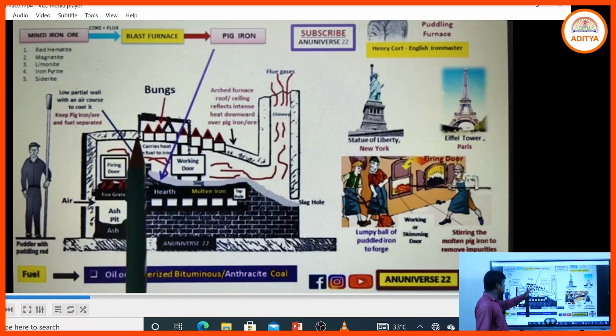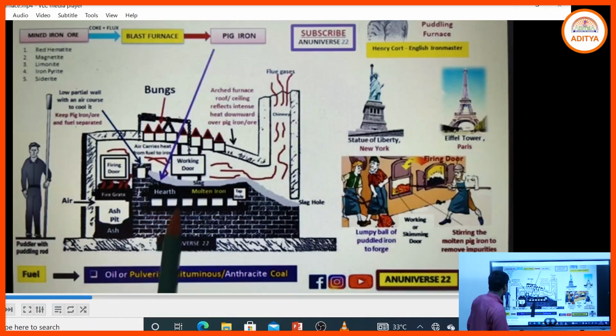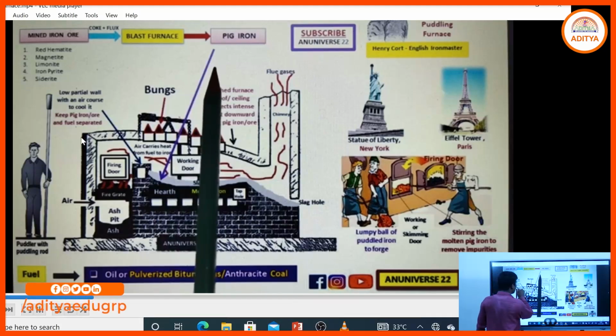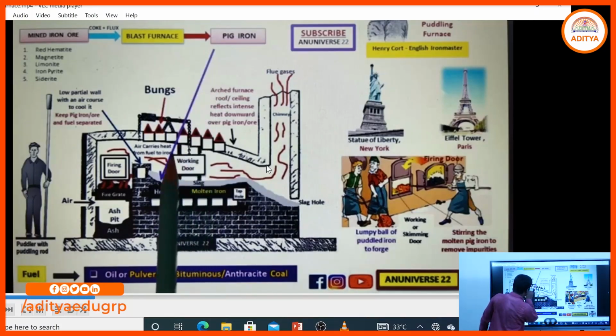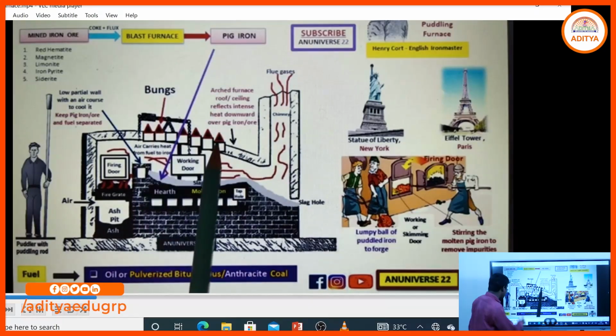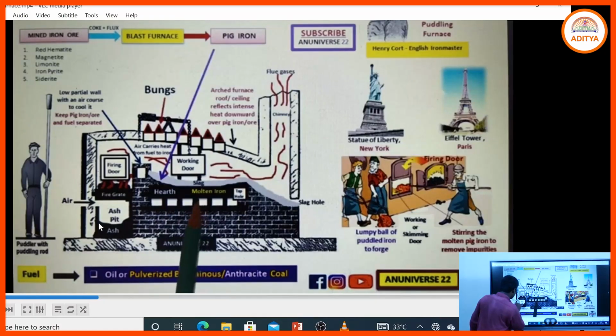Why do we give that type of slope to the furnace? Here is the firing door, and that is the fuel grate, where we provide the coke.